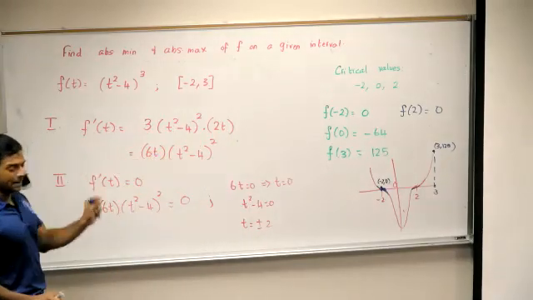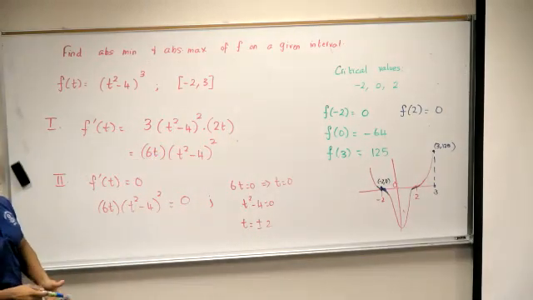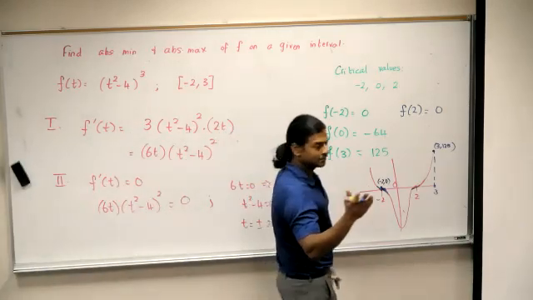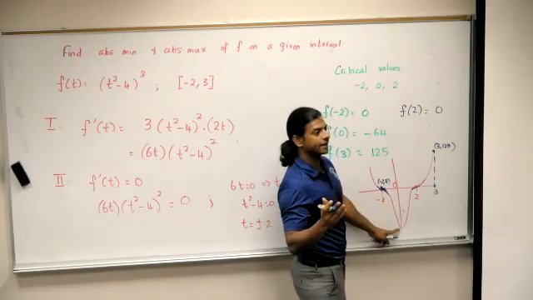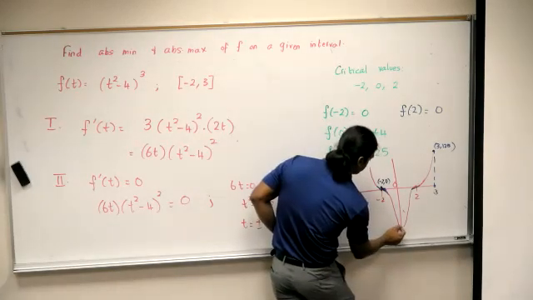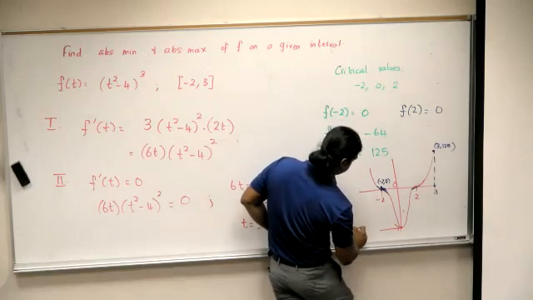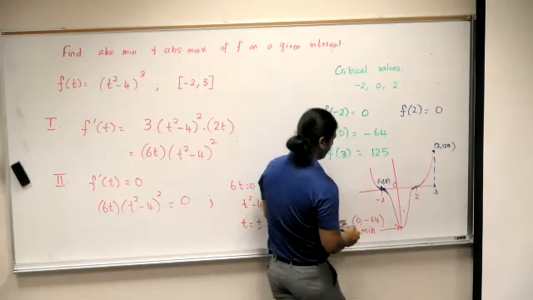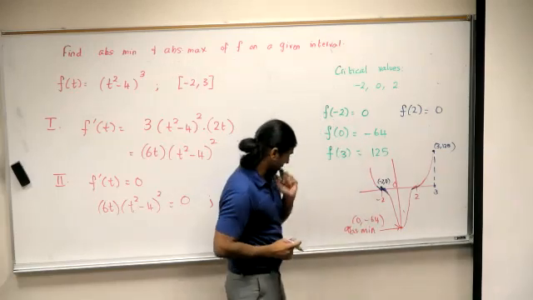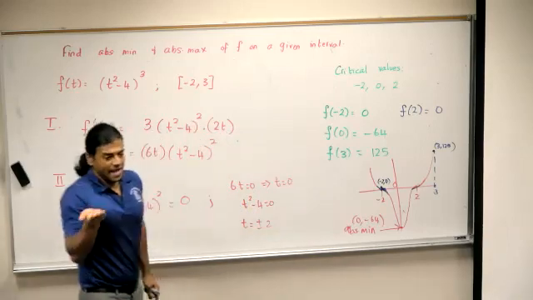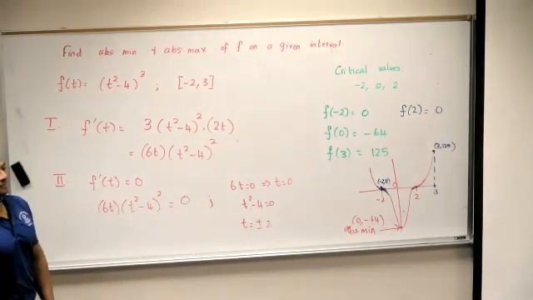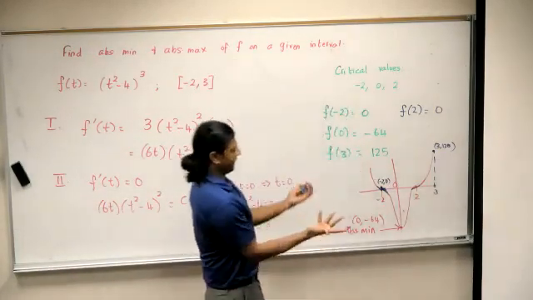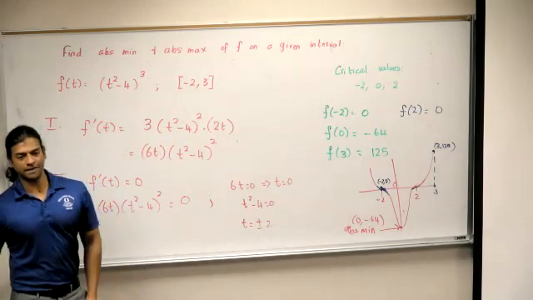What is the absolute minimum? 0 and -64. So that point is the absolute minimum. That's a coordinate. What is the absolute maximum? (3, 125). Is there any other local minimum or maximum in this problem?